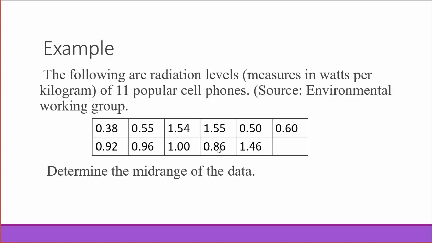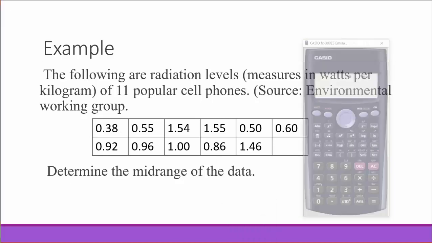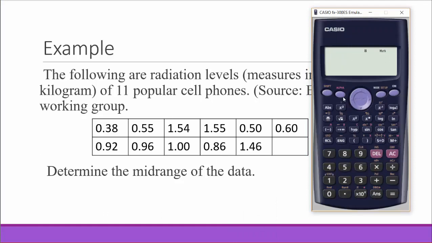So let's go ahead and grab our calculator here and compute this. StatCrunch doesn't do mid-range, so you're going to have to do this yourself. So I just click on the fraction template button. We'll put in 0.38, and then we'll add in 1.55. That's the largest data item. Hit the right cursor key and then divide by 2.